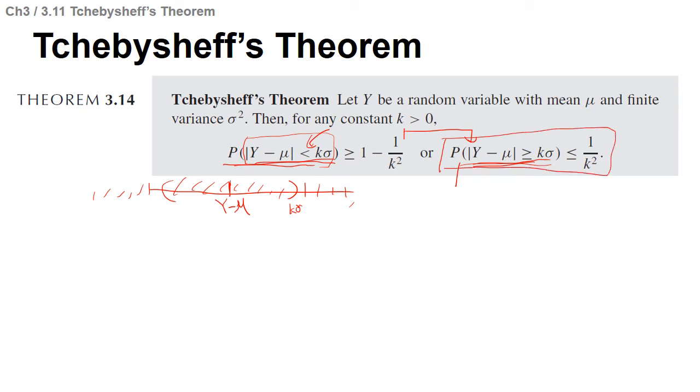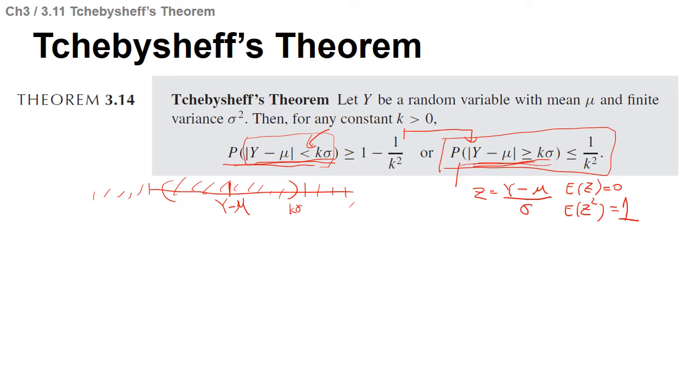Before we prove this one, let's define a new random variable z as y minus mu divided by sigma. Then we know that the expected value of z is 0 and the variance, the expected value of z squared minus the square of the expected value of z, which is sigma squared over sigma squared, is 1.